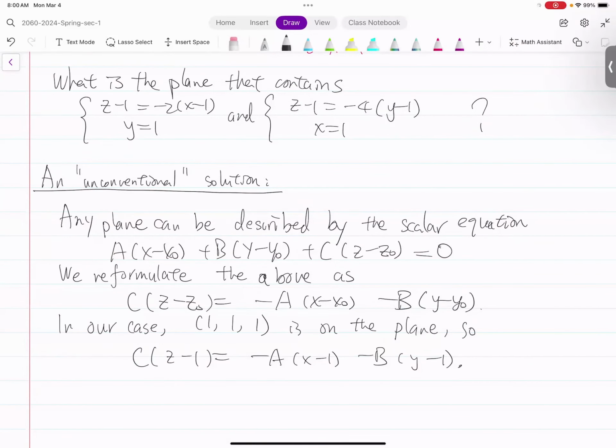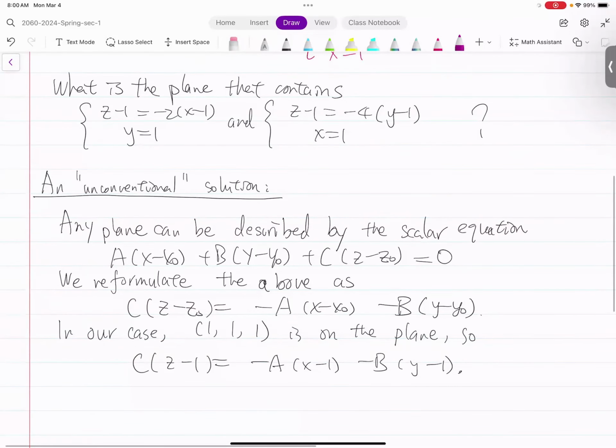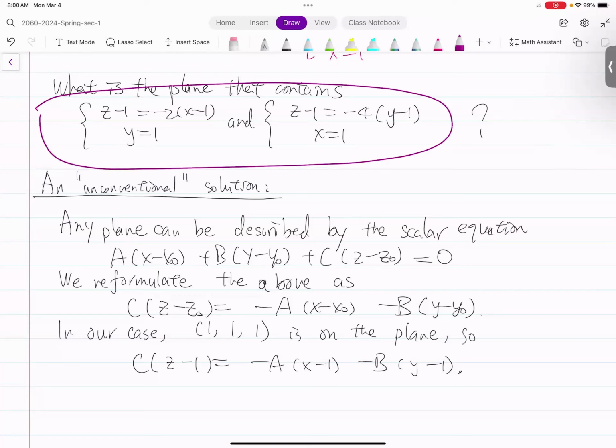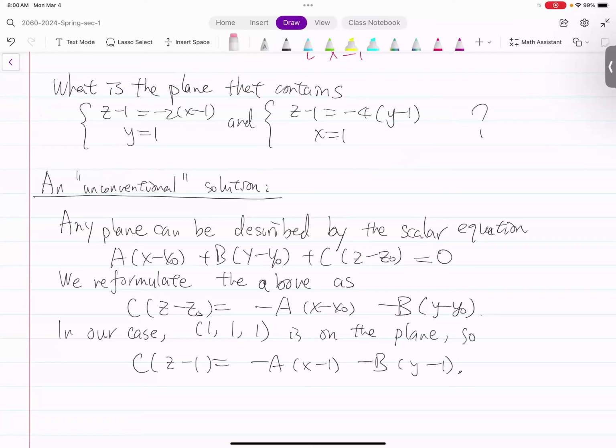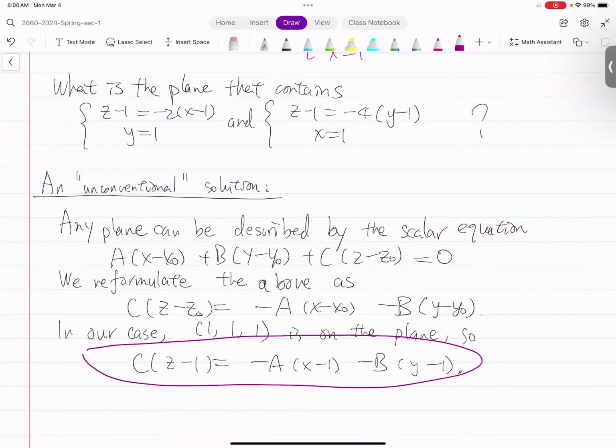We were looking for the plane equation. The first method that we have done in homework is that we're given the lines, and then we're looking for the plane containing these two lines by finding the normal vector of that plane. However, here we want to do something else. We know that the plane has to be of this form, if we specify that x0, y0, z0. This is the equation of the plane that we want.